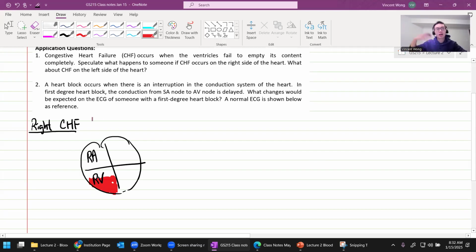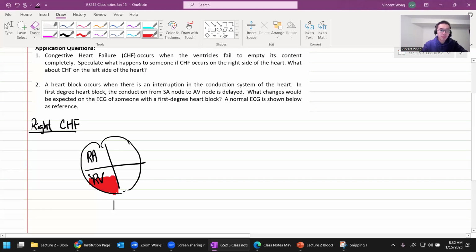Instead of being sent off through the pulmonary artery completely, there is some leftover blood. That could happen maybe because the muscle is getting weaker from various reasons, okay? Recovery from heart attack, or it could even be congenital congestive heart failure, meaning the person is born with this kind of a defect, right?